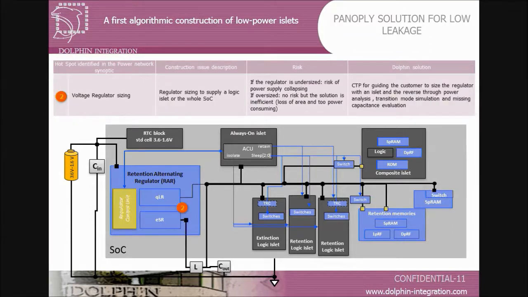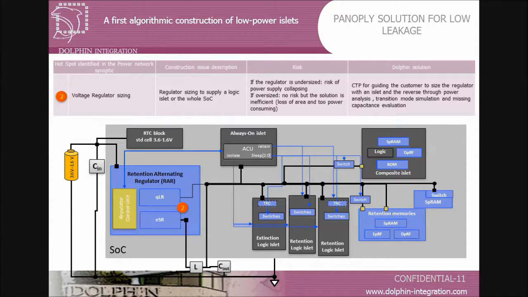The second construction issue is the regulator sizing to supply the logic islet. The purpose here is to have the correct size of your power management network. You don't want to waste area, and you don't want to have power collapsing.